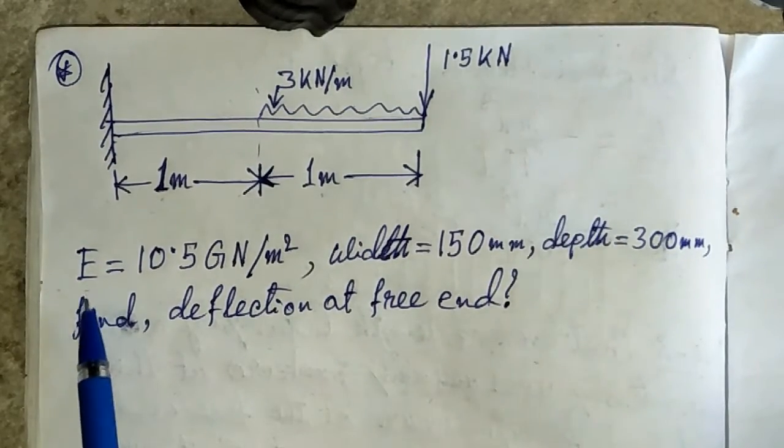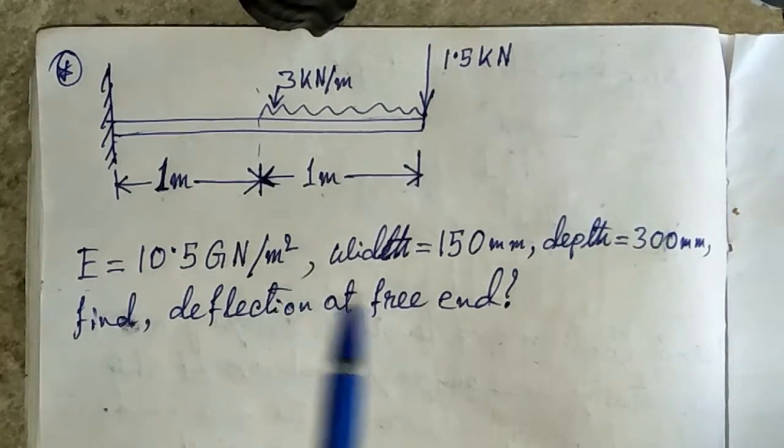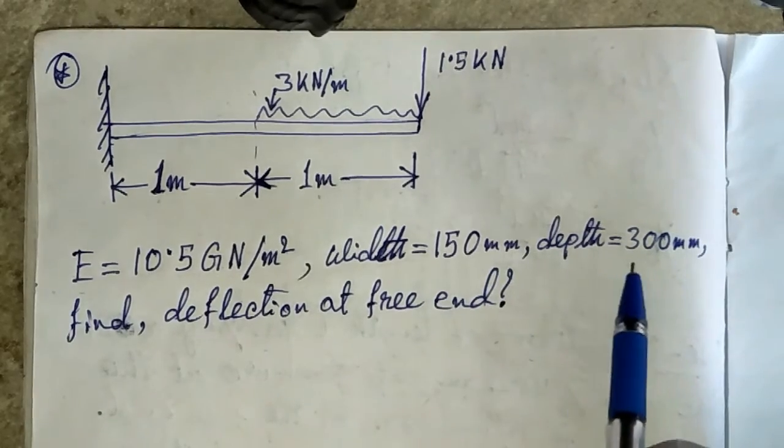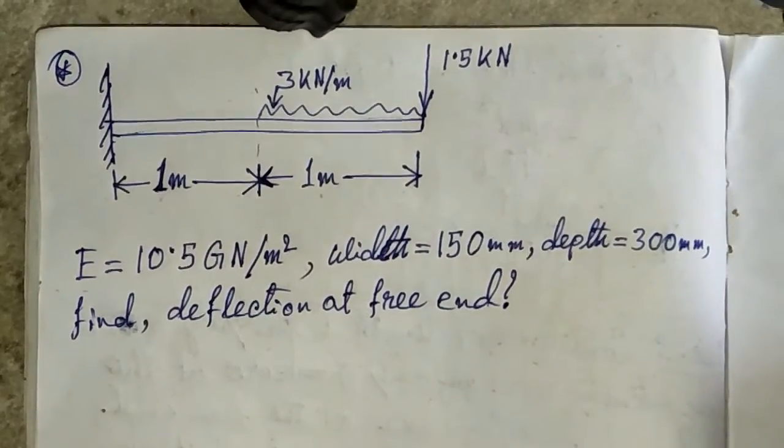The value of modulus of elasticity is 10.5 giganewton per meter square. The width of the beam is 150 millimeter and depth is 300 millimeter. So we have to find out the deflection at the free end.